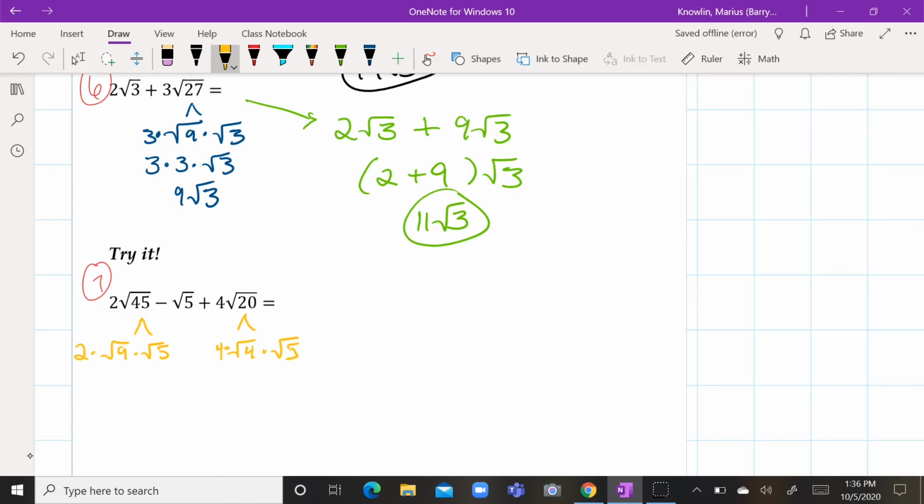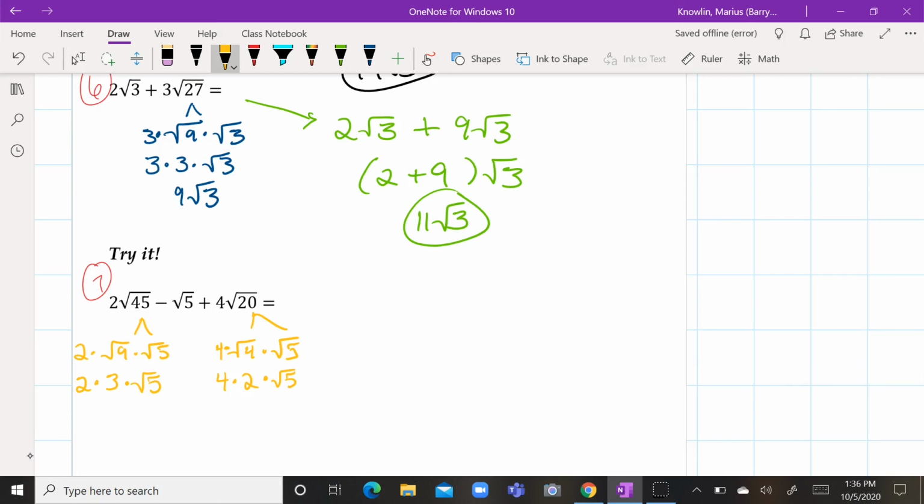Put my multiplication symbol, because 20 simplifies into 4 times 5, and 45 is 9 times 5. Then when we simplify these, this would be 2 times 3, because the square root of 9 is 3, times the square root of 5. And over here, this is going to be 4 times 2, because the square root of 4 is 2, times the square root of 5.